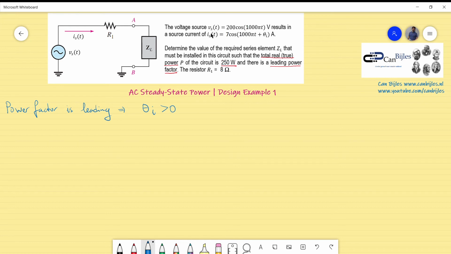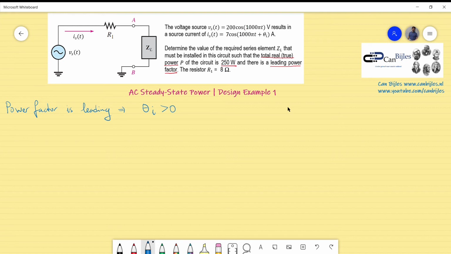The current Is must lead the voltage if you want a leading power factor. Since the phase of Vs is 0 degrees, theta of I must be larger than 0. If, for example, the voltage were 200 cosine 1000 pi t plus 70 degrees, then theta of I must be larger than 70 degrees to meet the condition of leading power factor. In this case it is 0, so theta I must be larger than 0.